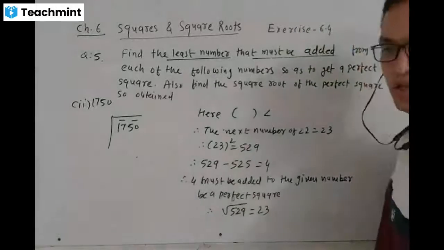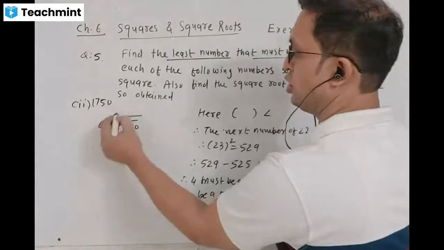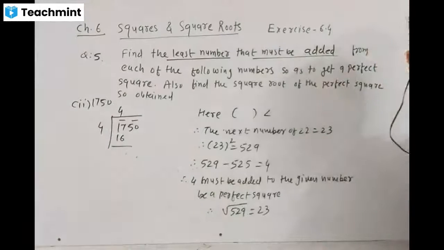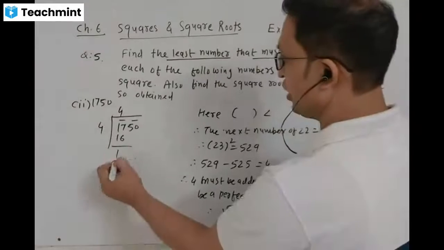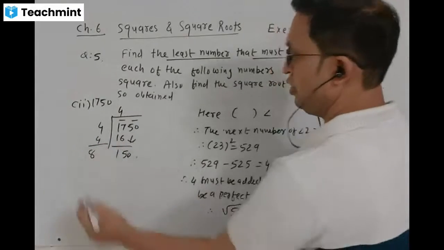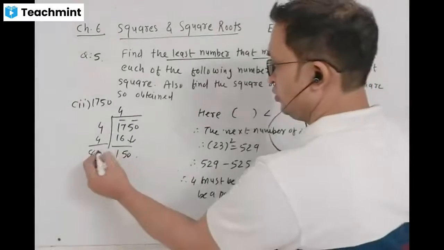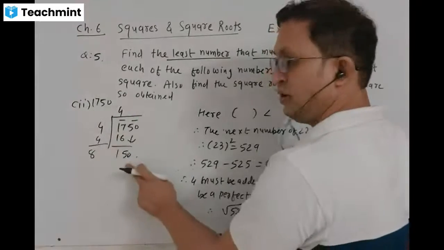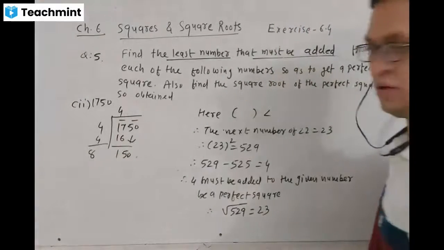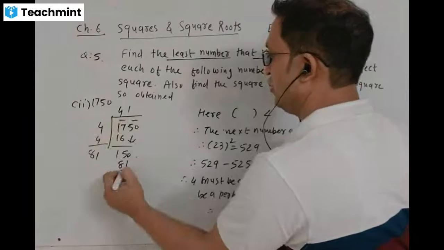Here, find the smallest perfect square number which is less than 17. It is 4 fours are 16. 17 minus 16 is equal to 1. And 4 plus 4, 8. 81 ones are 81, and 82 twos are 164, and 164 is more than 150. 81 ones are 81.